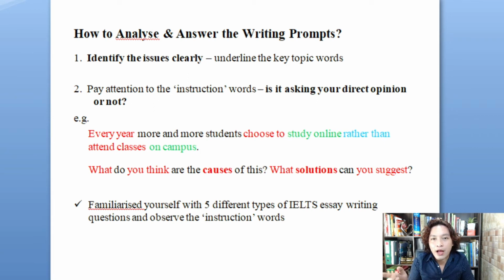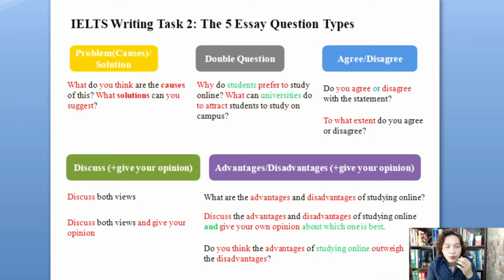Also, we're going to talk about the 5 IELTS essay question types so you won't be surprised during your actual exam. Now let's observe the instruction words as well. There are 5 essay question types that you can find in the IELTS exam. One of which is problem solution.